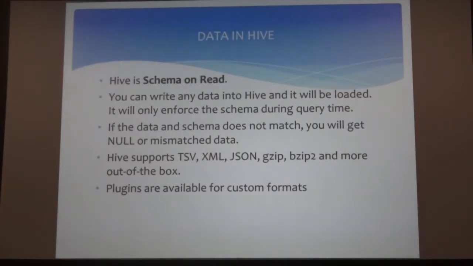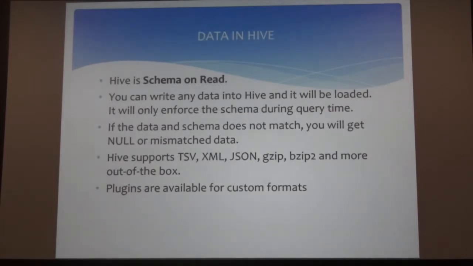So if the schema and data don't match, you get mismatched data. So a few fields might be null, or there will be mismatched fields and things like that. But Hive will try to not fail the job because of this. It will just still send back junk results, but still most of the jobs will not fail.